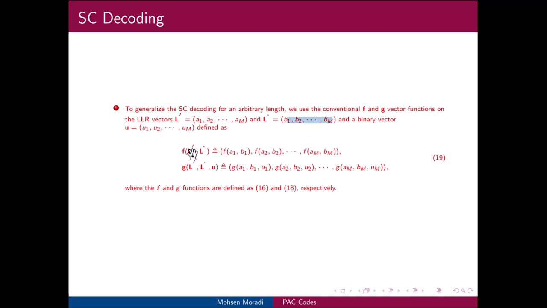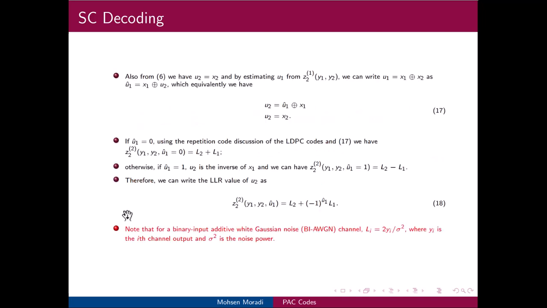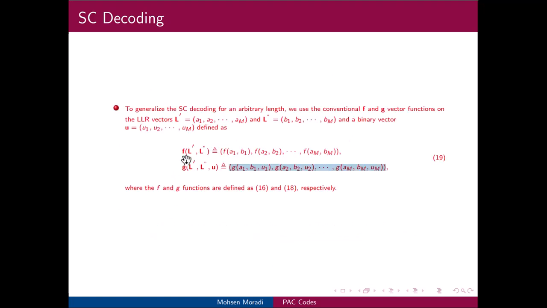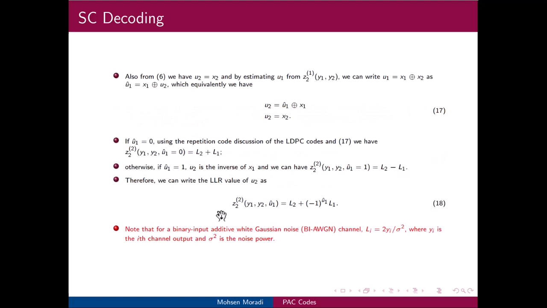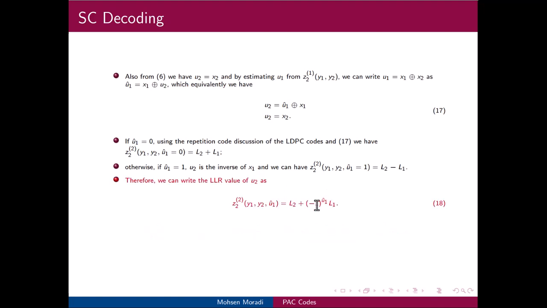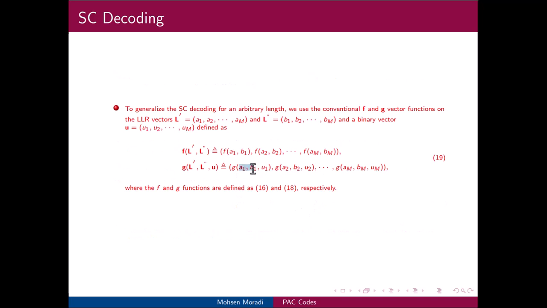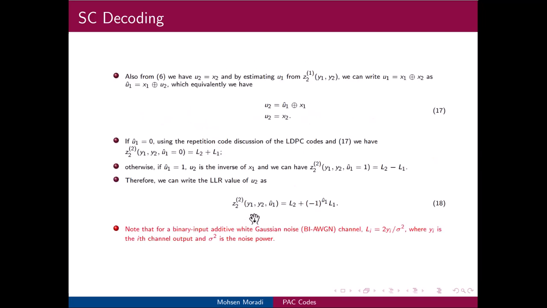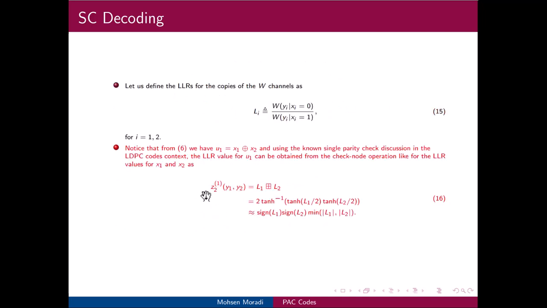The function f over these vectors is a bitwise function, and g is like this, where the small f and small g are obtained from equation 18, which is this one. This is the g function, which has as input L2, L1, and U. As you can see, L1, L2, and U. And this is the f function. You can use this or this.